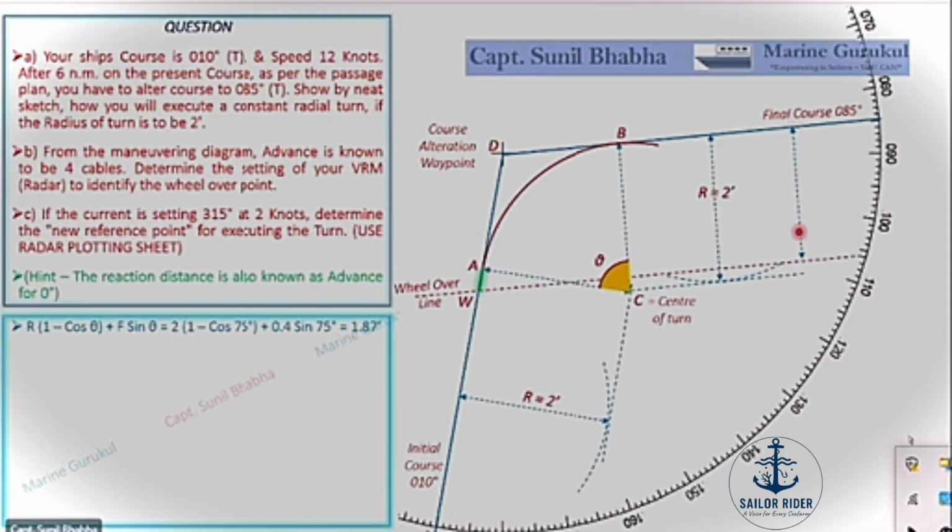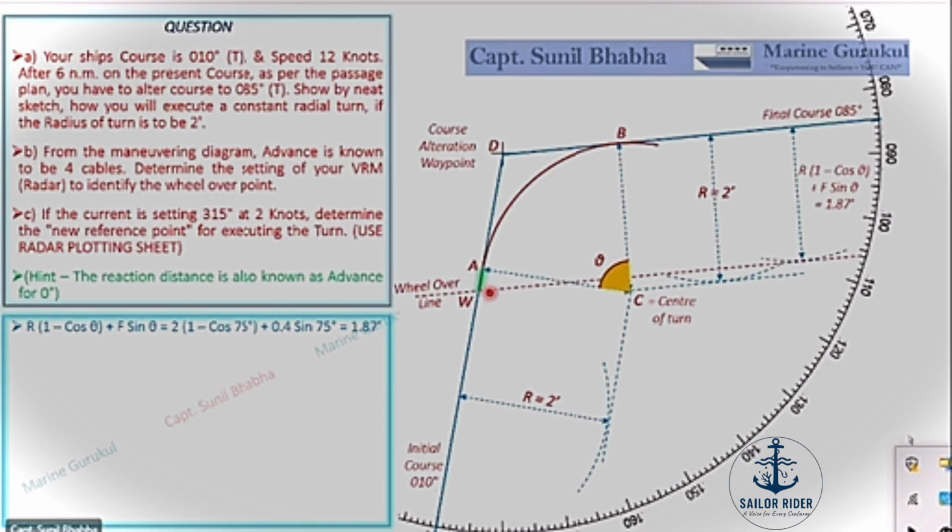So this distance up to here is 1.87 miles, and you can see it shown here also, R(1 - cos θ) + F sin θ equal to 1.87 miles. And I draw an arc. If we draw a tangent to this particular arc, we will exactly get the same wheel over line which was initially obtained using the plotting method.